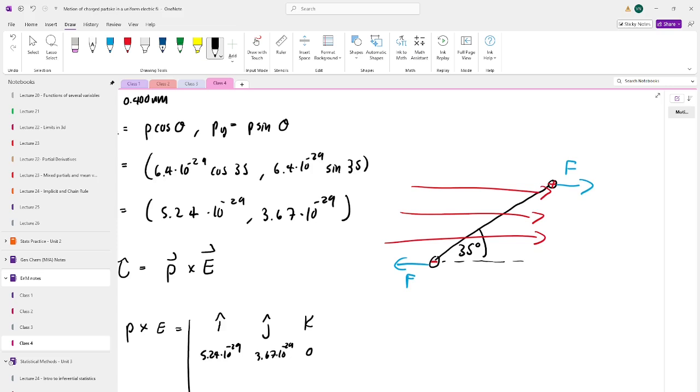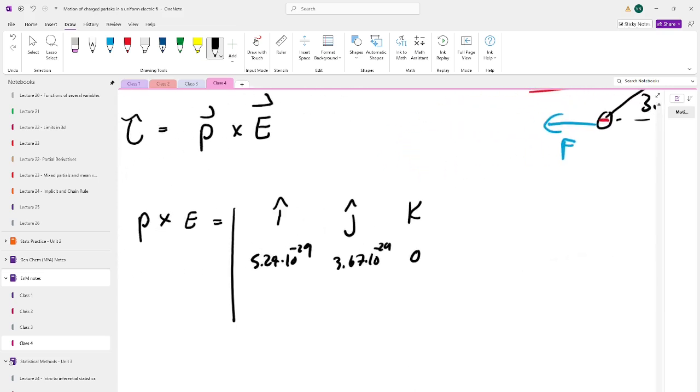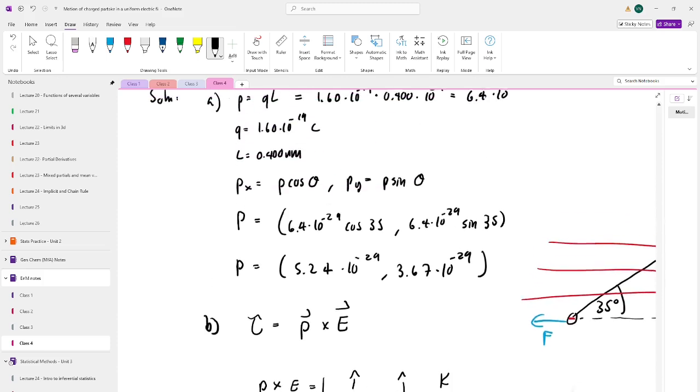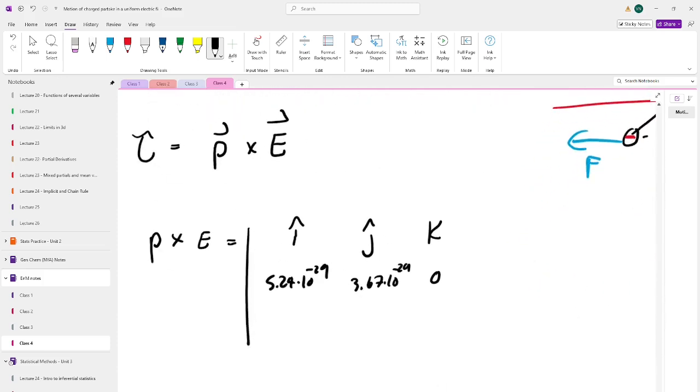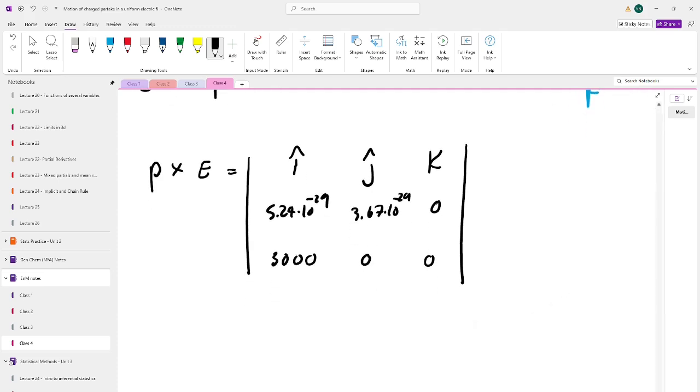It shouldn't have any other components. And they tell us that the electric field is 3,000 newtons per coulomb. So we get that entire 3,000 in its I component. And its J component would be 0, and its K component would be 0. So we can calculate the result here.